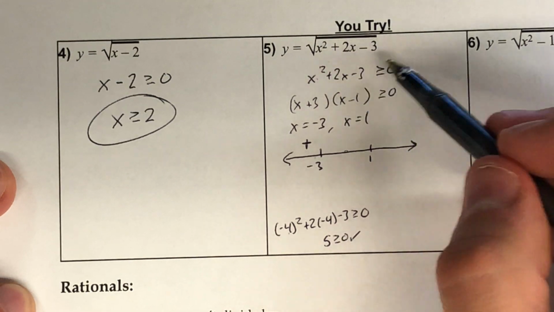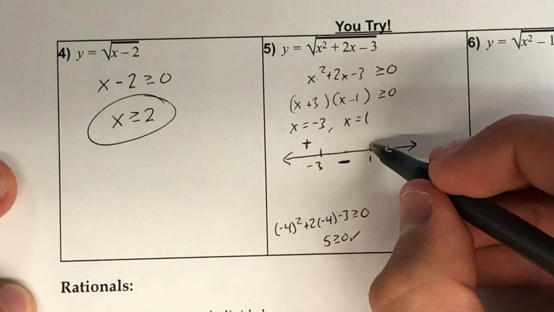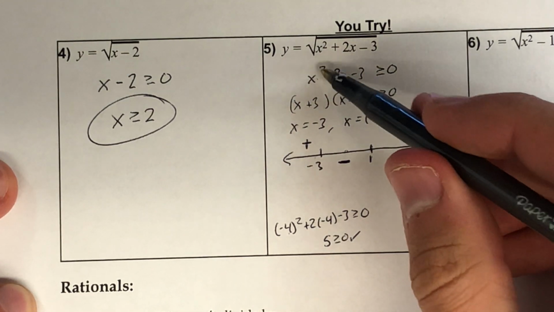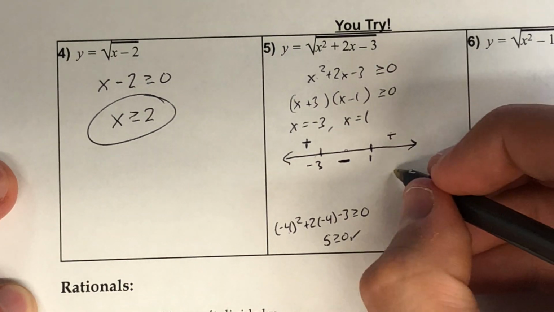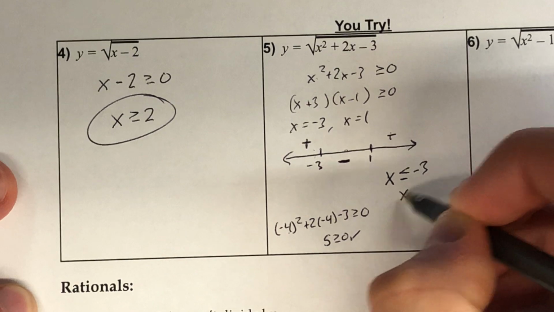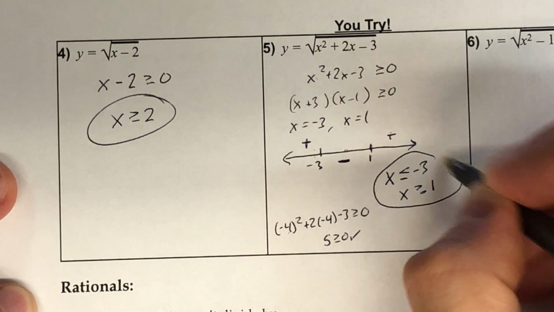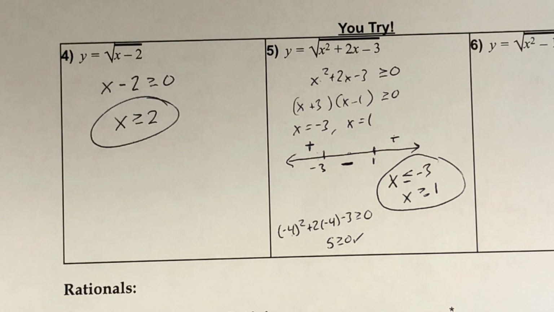So 0 plus 0 minus 3 is not greater than or equal to 0, it's less than, so it's negative. Then pick 1 to the right, so if we pick 2, 4 plus 4 is 8, minus 3 is 5, so yes. So we've determined our domain would be everything less than or equal to negative 3 and greater than or equal to 1. Okay. All right, that, in my opinion, is the most challenging. It gets a little easier from here.